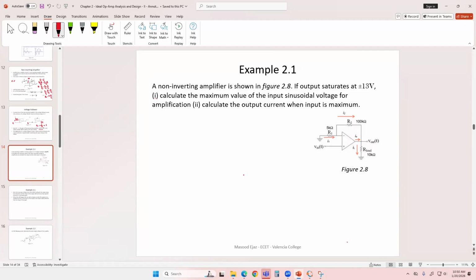We have a 5 kilo ohm R1, a 100 kilo ohm R2, and we also have a load connected, which is a 10 kilo ohm resistor. So you want to know the maximum value of the input sinusoidal voltage connected right here that is going to produce the output just before it saturates. It saturates at positive negative 13 volt.